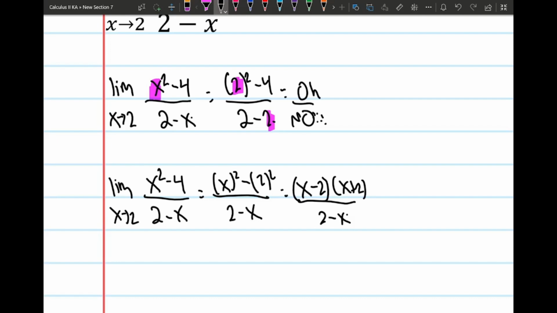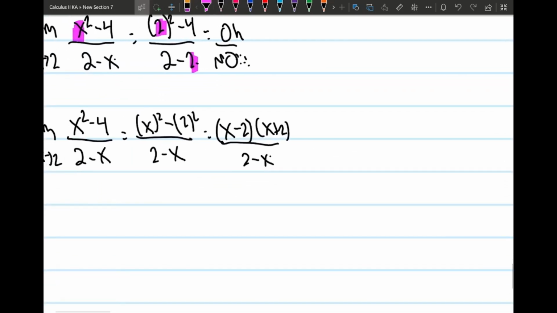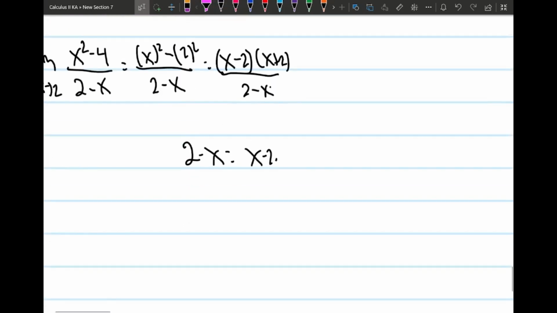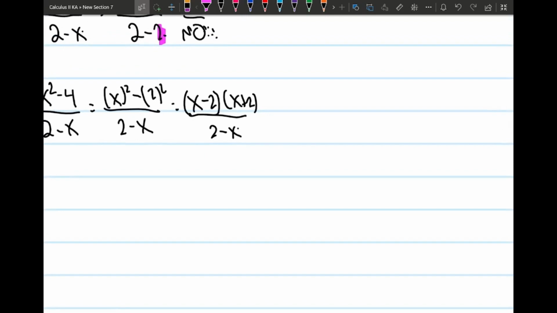Here, students think that 2 minus x is equal to x minus 2, and that's actually not true. For example, if I plug in 4 for x, 2 minus 4 is not the same as 4 minus 2, so we can't say they're equal. 2 minus x is not the same thing as x minus 2; it is actually 2 plus negative x.